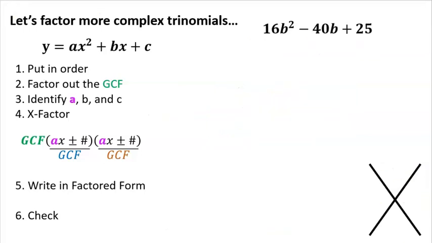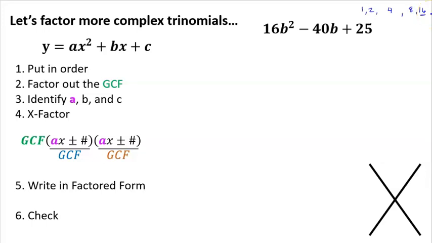Now looking at this one, we're going to do the exact same thing. And so we're going to look for a number that goes into all three. If you're not sure, start writing out your factors of 16. So we've got 1 and 16, 2 and 8, and then we have 4 times 4, right?